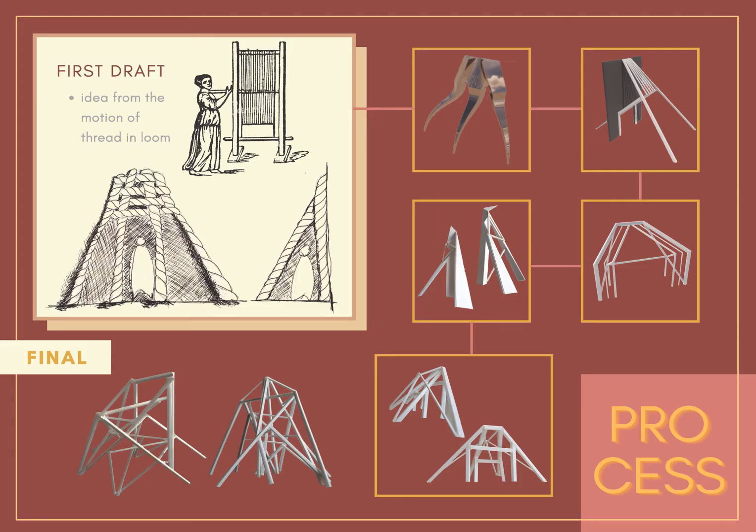For the process of the building elements, at first the idea came from the motion of the thread in the loom, which has the same intention as the abstract art, where many lines form pictures or elements. After the first draft, I tried to simplify it into a form, but it came out as a more organic form, which was not very suitable for my abstract drawing.